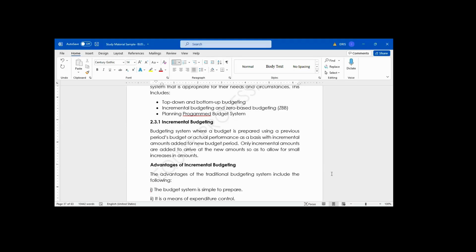But what is going to change is the figure, the amount stated in the budget. And what is going to affect the amount stated in the budget is the inflationary rate and the level of activities.